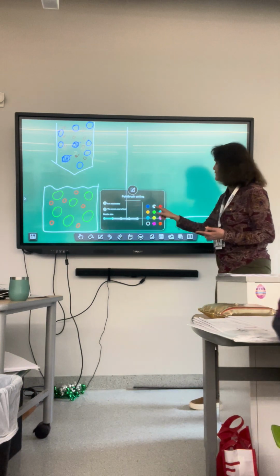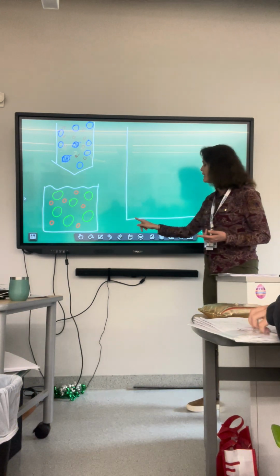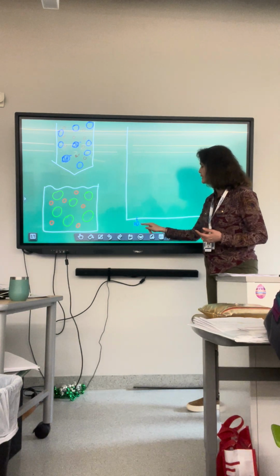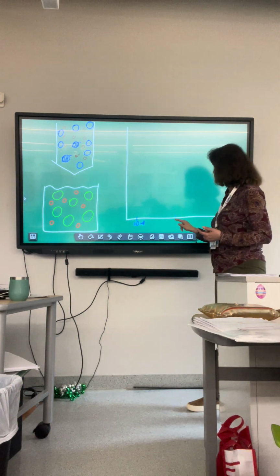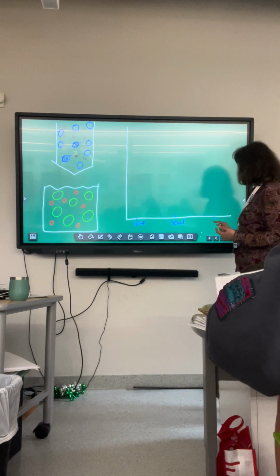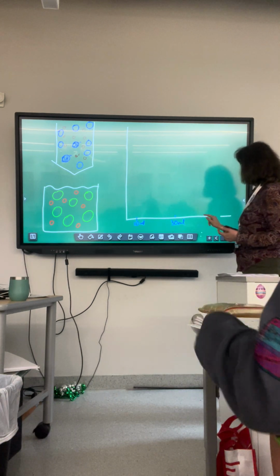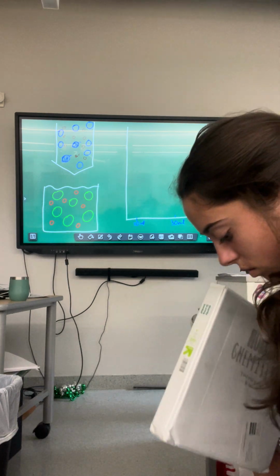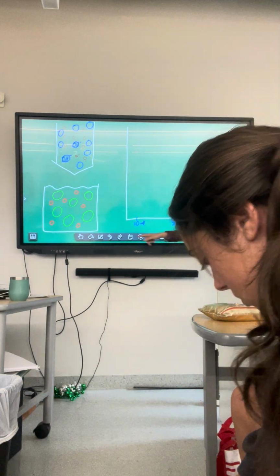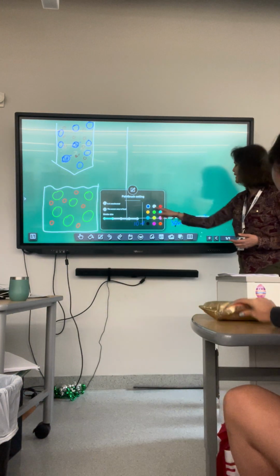On this side, we're going to have how much sodium hydroxide is dropped. 10 milliliters, 30 milliliters, 60 milliliters, 80 milliliters. How much of that we are dropping?